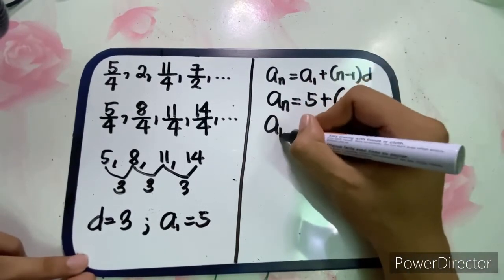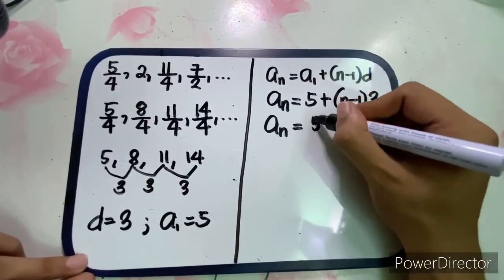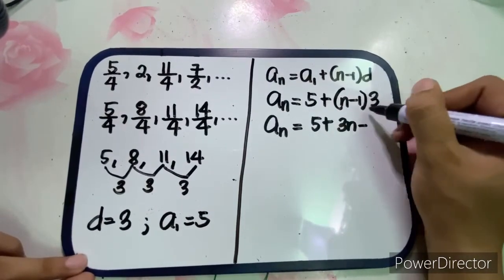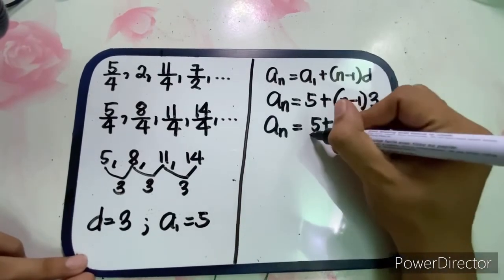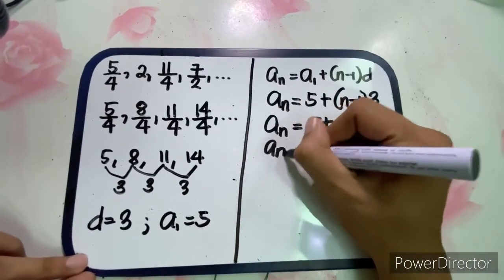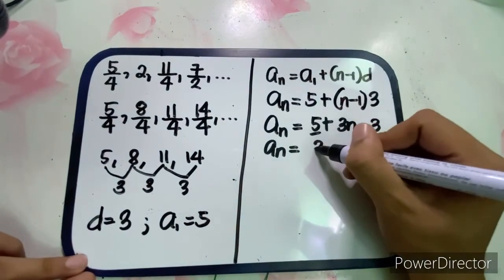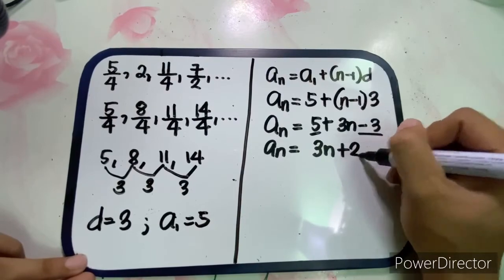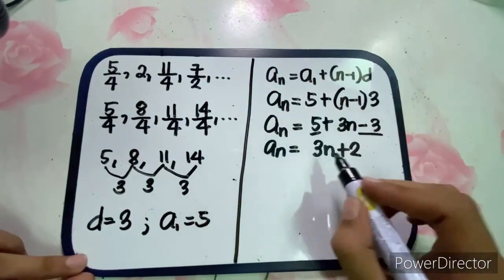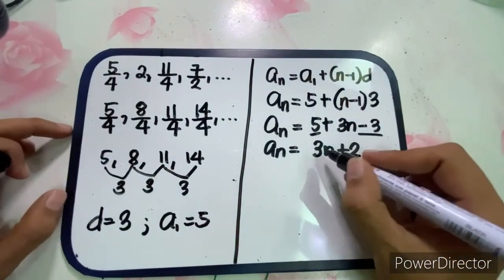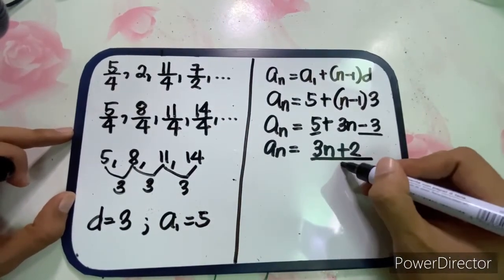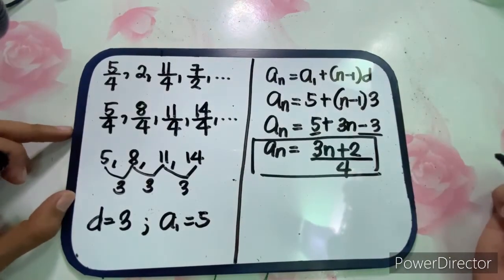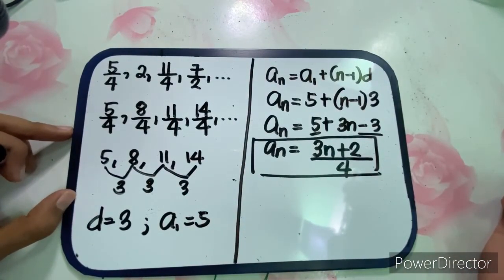So a sub n is equal to 5 plus 3 times n, 3n, minus 3 times 1, 3. So you can subtract this one. So a sub n is equal to 3n, 5 minus 3 equals 2, so plus 2. Don't forget the 4. So we can write here our complete answer: a sub n is equal to 3n plus 2 over 4.